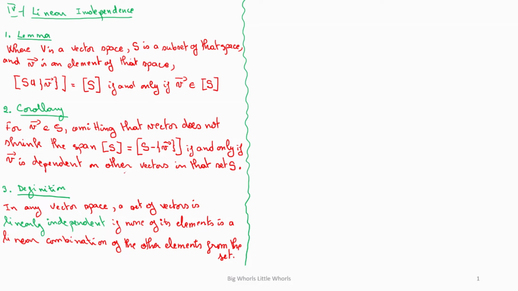Okay. Now let's have a look at this lemma. This is a very beautiful lemma we call the linear independence lemma. We are going to be using it a lot. Okay, so lemma, linear independence.